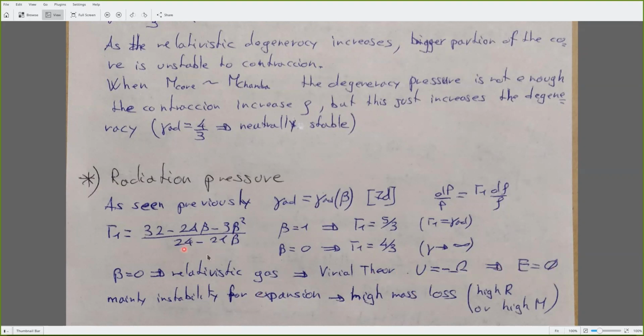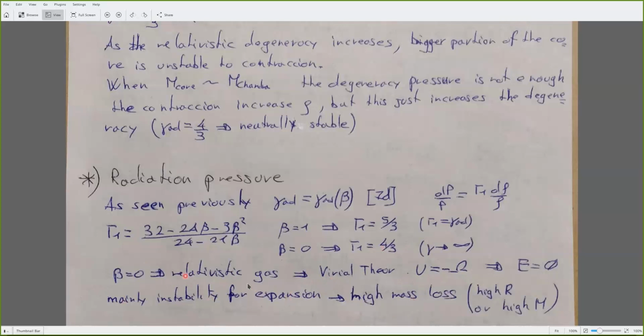As before, we are going to the value of 4/3, so it's not essentially a real instability. It's neutrally stable, but it is there, and you need only a little to disrupt the system. You have essentially instability for expansion, and this is a mass loss.